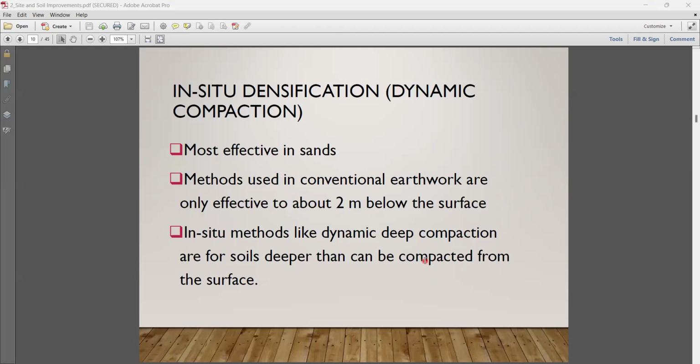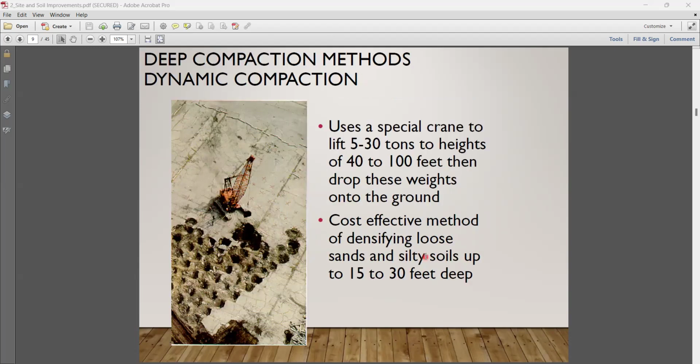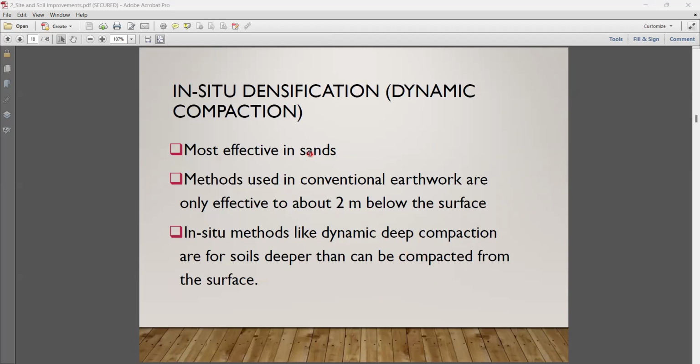Then there's another, most effective in sand, still that deep compaction or dynamic compaction. This is effective for about 2 meters. 2 meters should be enough. 2 meters means nearly 6 feet, more than your height will get compacted.